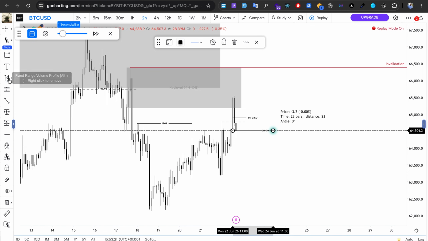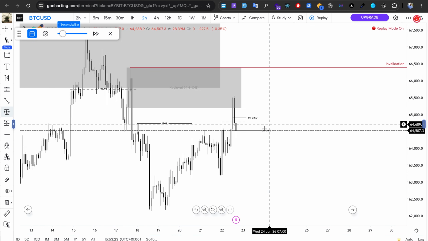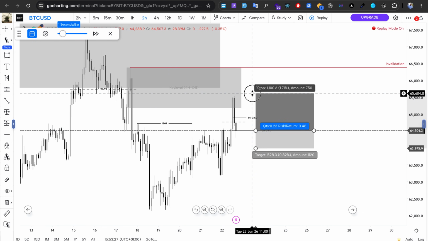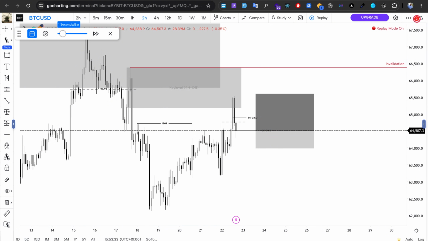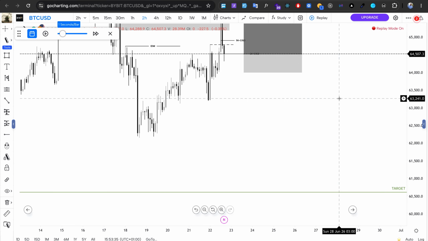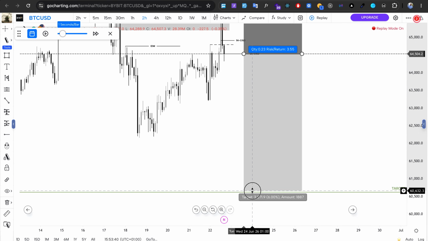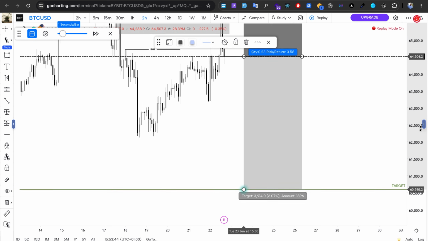I'll take my short tool and put my stops here. I don't expect price to go higher than this place. You understand? Then I'll draw it down to the target, which is 3, right?